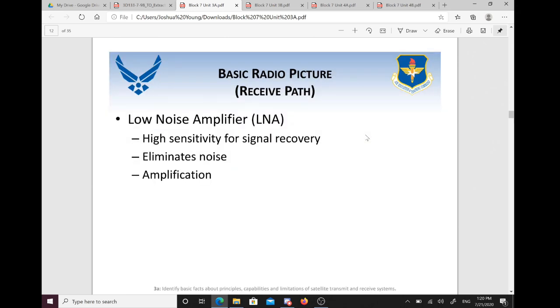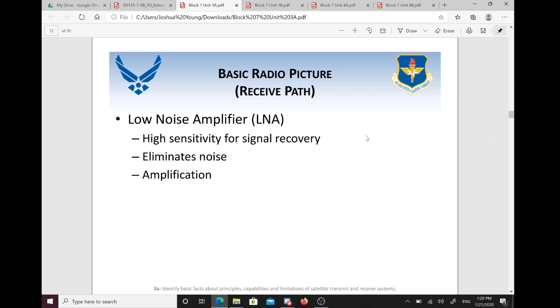Your low noise amplifier has to be capable of 2 things. It has to provide amplification, and it has to have a high degree of sensitivity and selectivity in order to differentiate between the noise and distortion that is inherent in distant transmissions, to pick out the specific RF signal that you have it programmed to.